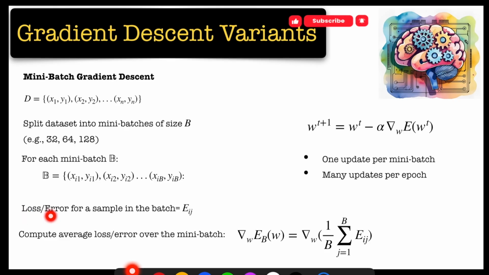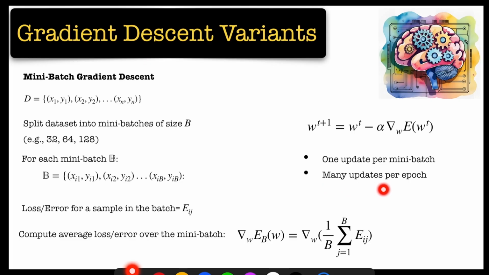Let's say the loss or error for a sample in the batch, we are representing it like this, and we will compute the average loss or error over the mini batch, and then we take the gradient of that. So this update is one update per mini batch.